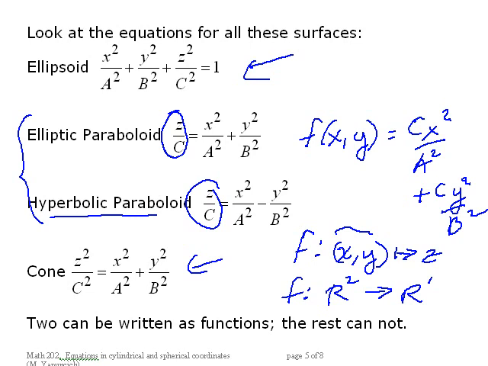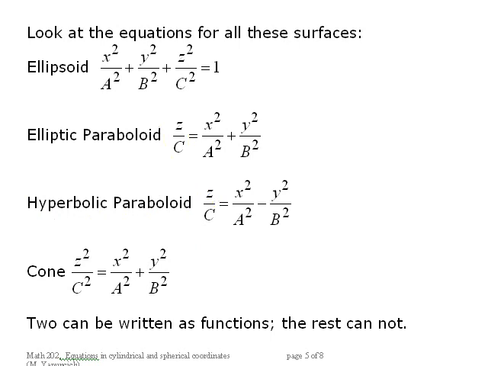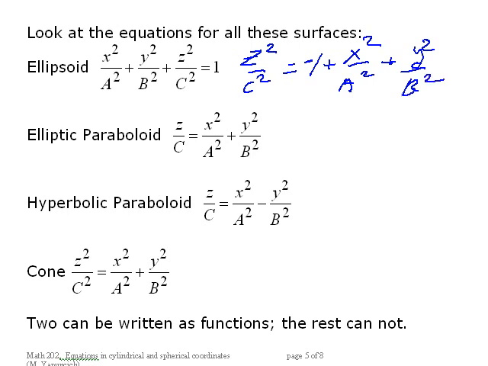Can the ellipsoid be written as a function? Well, it can't, because even though I isolated the z squared, so maybe I write z squared over c squared equals 1 minus x squared over a squared. Actually, this would be a negative, and this would be a positive, plus y squared over b squared. I could isolate it like that. I could even multiply through by the c squared.